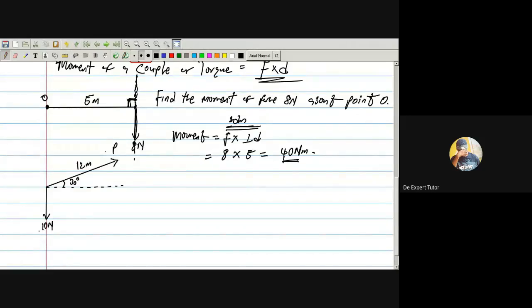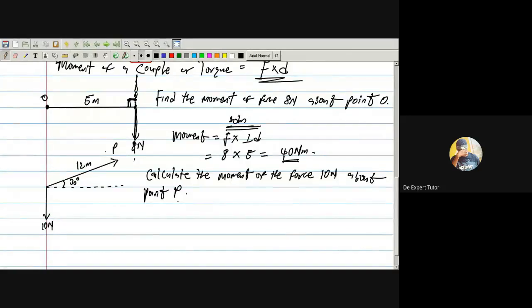Okay. They said calculate the moment of the force 10 Newton about point P. About point P. So that's it.